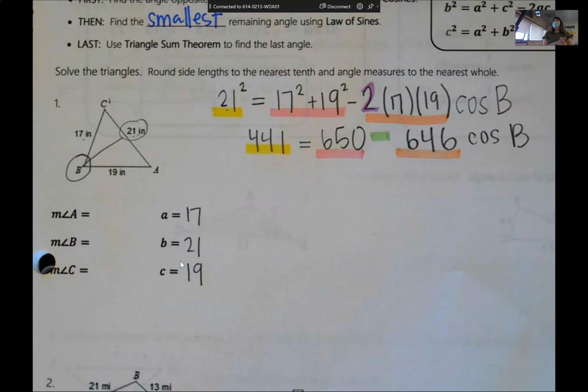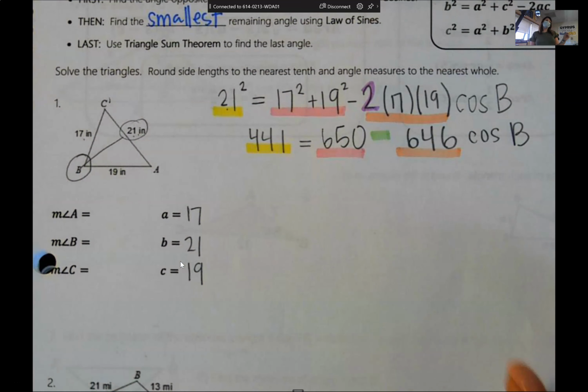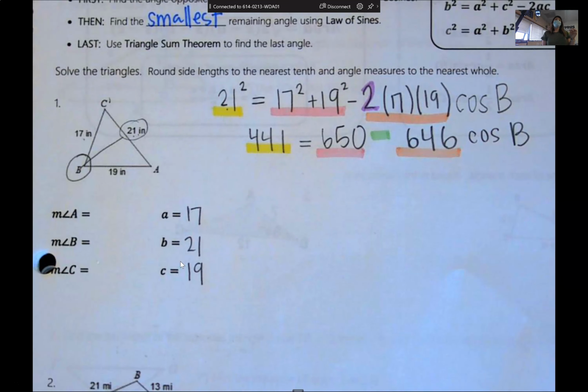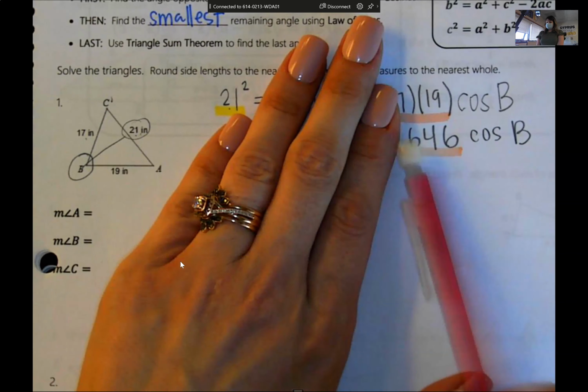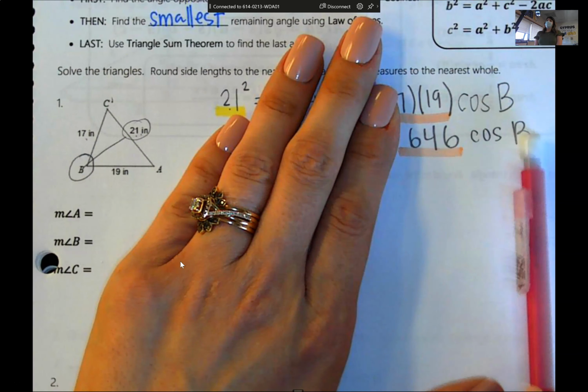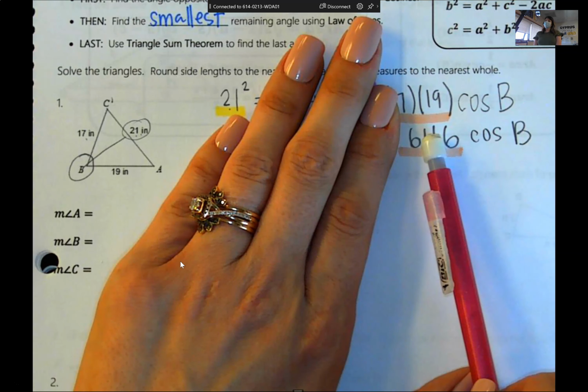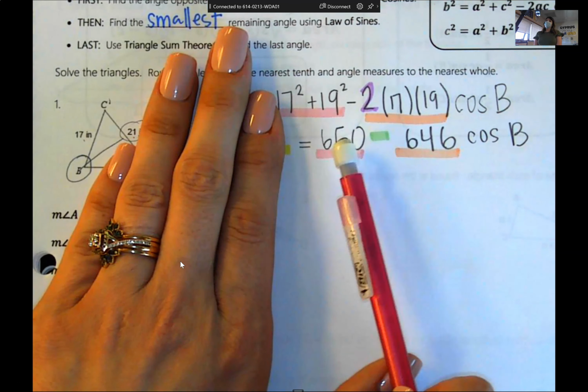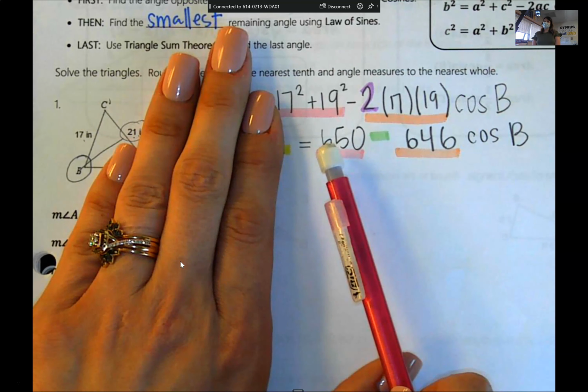Okay, well, if we're going to solve this equation, it's like a different looking girlfriend equation, but it is a girlfriend equation. So this is what we're solving for. We're solving for B, which means 646 is the girlfriend, so we have to get rid of 650 first.